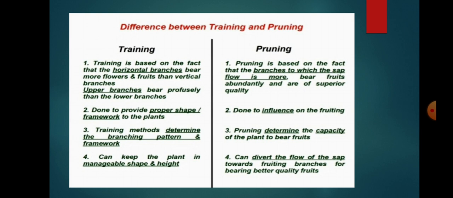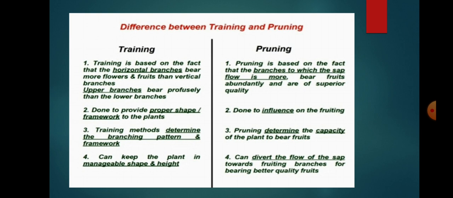Lower branches produce less than upper branches. So the water shoots, which grow vertically, are removed. These are the two theories involved in training.